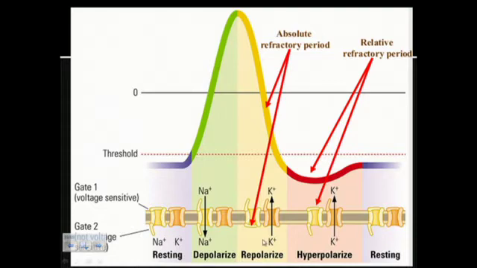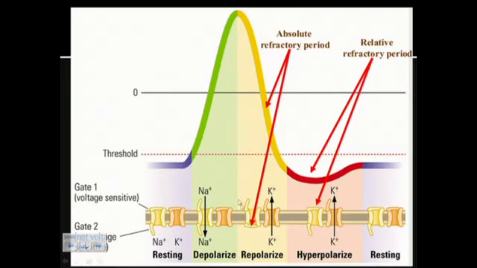And then the other thing to point out is that as a result of this large influx of sodium ions, at some point the non-voltage gate on the sodium channel actually closes to prevent any more influx of sodium into the intracellular part of the neuron, to allow, again, the intracellular space to become more negative again.